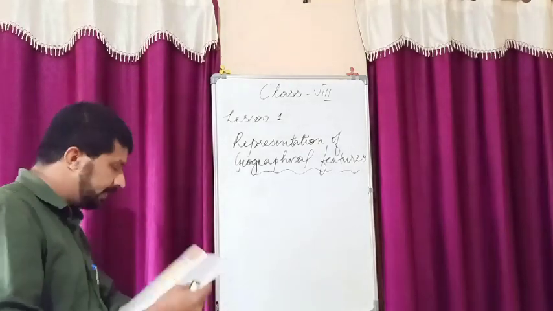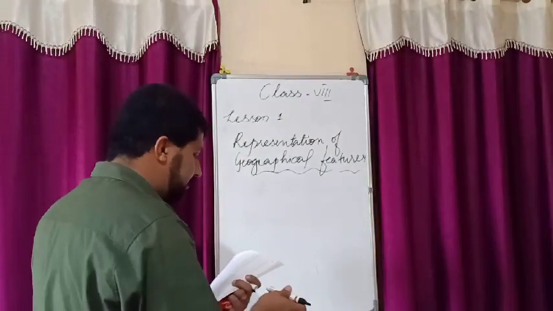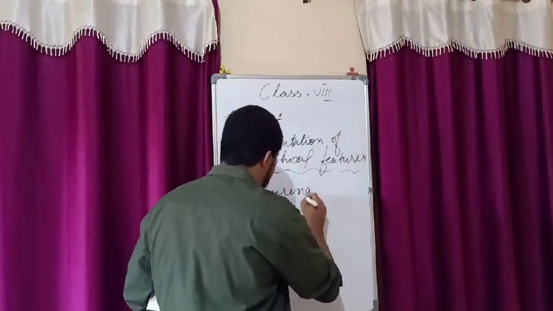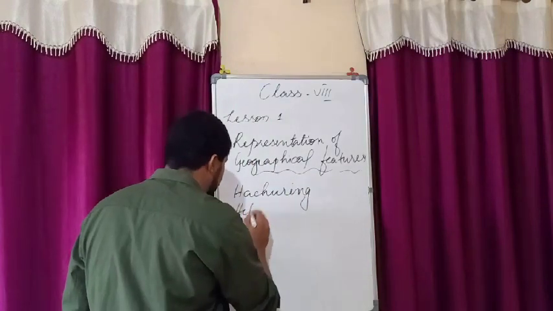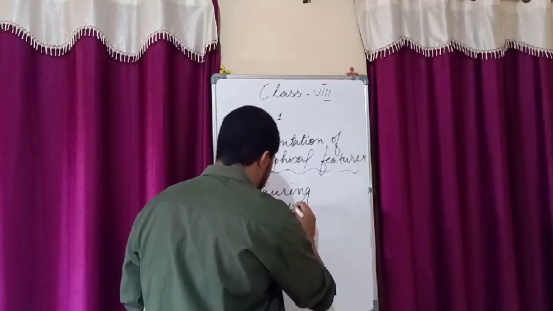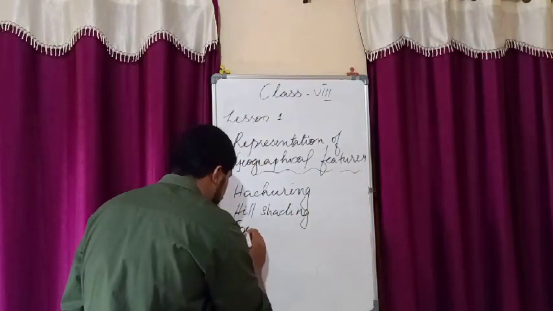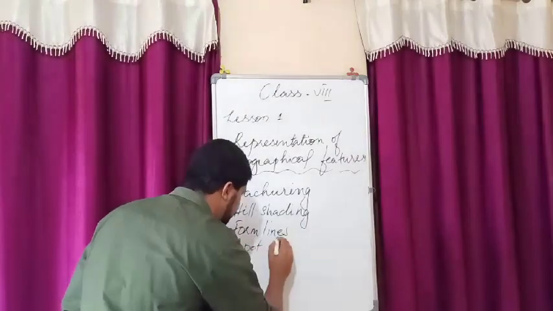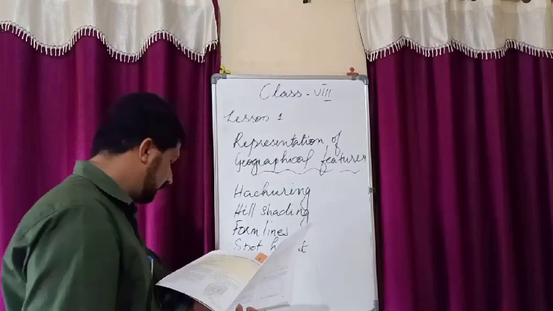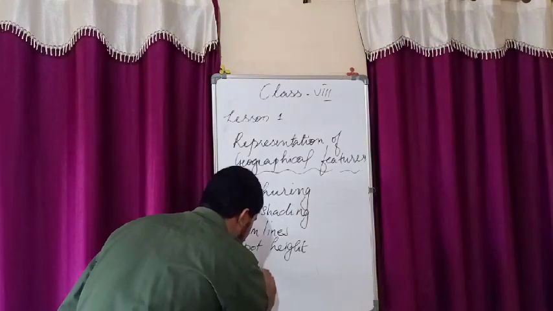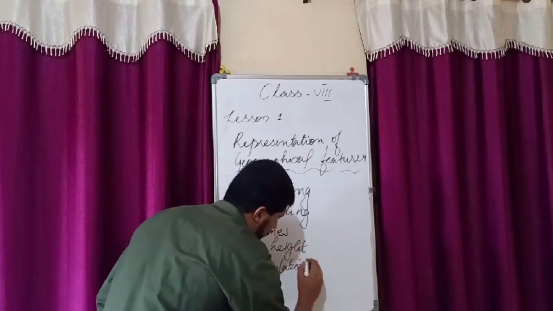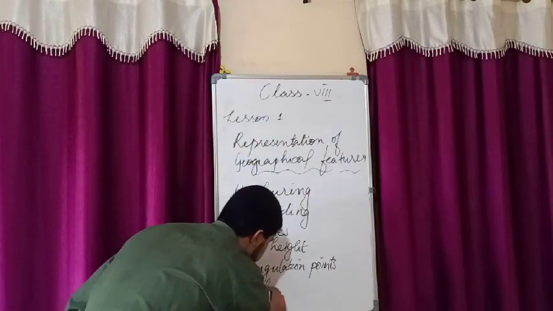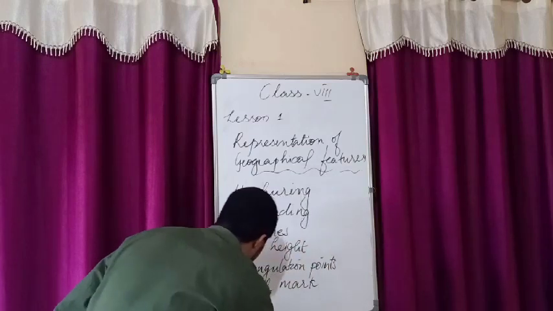The major methods we use to represent land features on the map are hachuring, then hill shading, then form lines, then spot height, triangulation point, benchmark, and contour line.